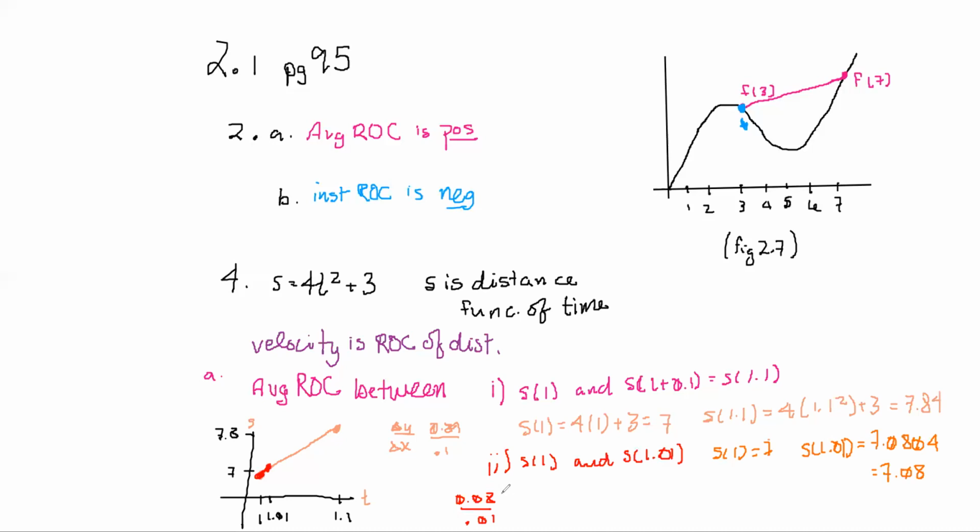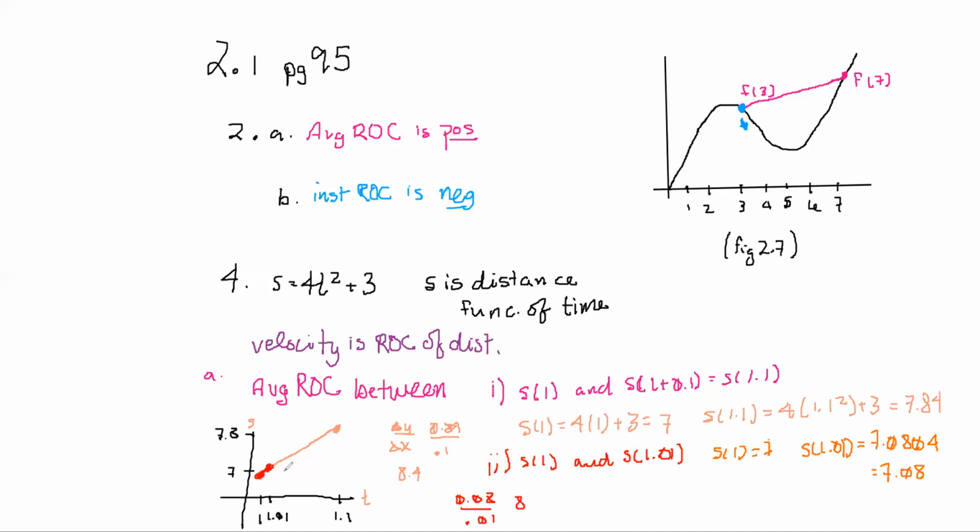So these look like they're going to be about the same. But this one is going to say that the average rate of change is 8.4. And this one is going to say that it is 8. Yes. The point I was trying to make, though, is that they're very, very close.